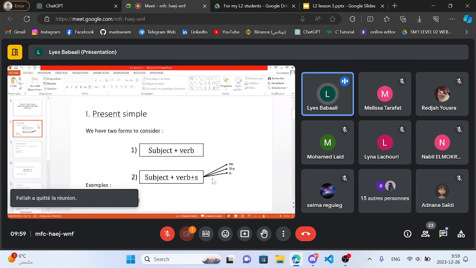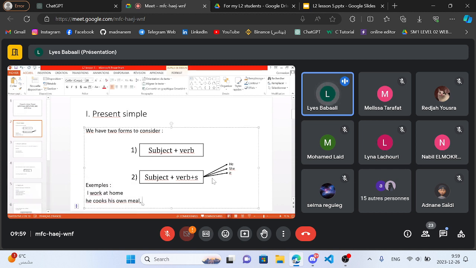So he cooks his own meals. So here we have he cooks his own meals. We can also add the gator spots the intruder. Here is the gator, and if you want to replace the gator, it will be he.